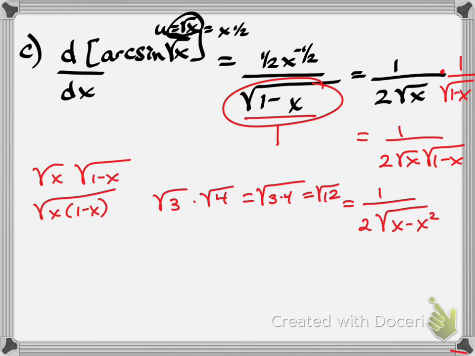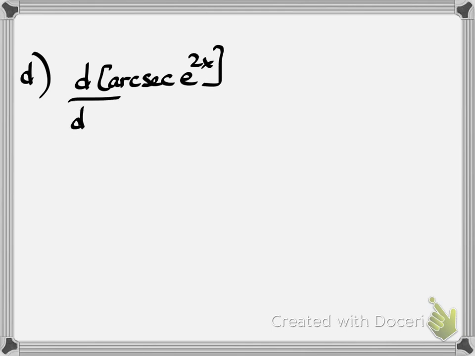Okay. D part. We have the derivative of the arcsecant of e to the 2x dx. Arcsecant is a little bit more complicated. If you're looking on page 369, is arcsecant one? Oh, arcsecant's formula was okay.